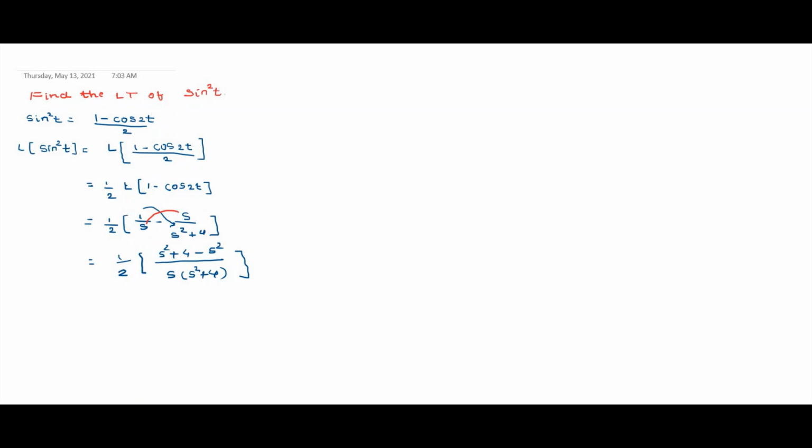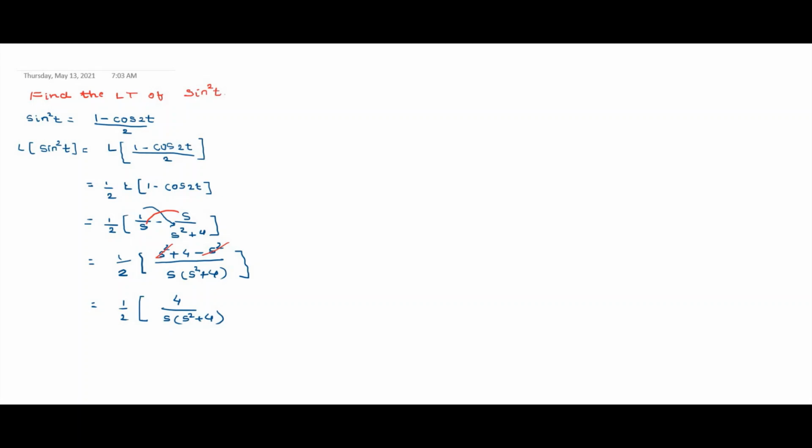The plus s square and minus s square cancel, so we are left with 1 divided by 2 into 4 divided by s into bracket s square plus 4.